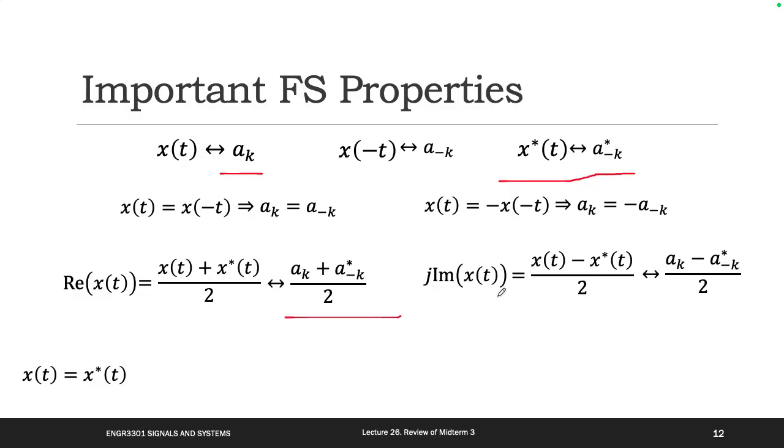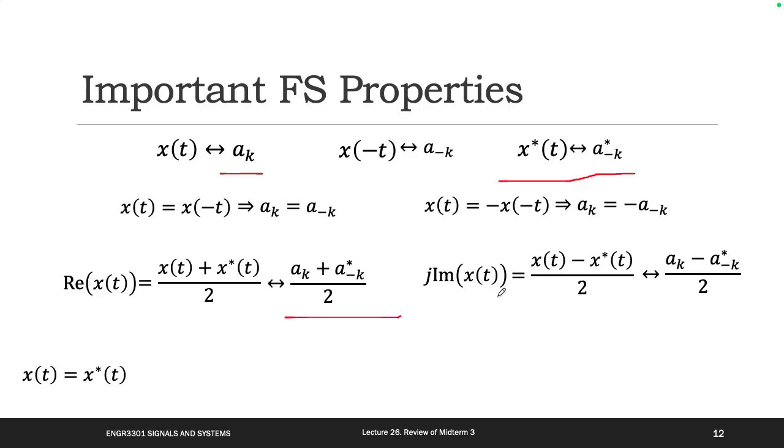You can see, if x(t) equals x plus jy, and x conjugate(t) equals x minus jy, for example, if these equal each other, then y should equal negative y, which is only when y equals 0.